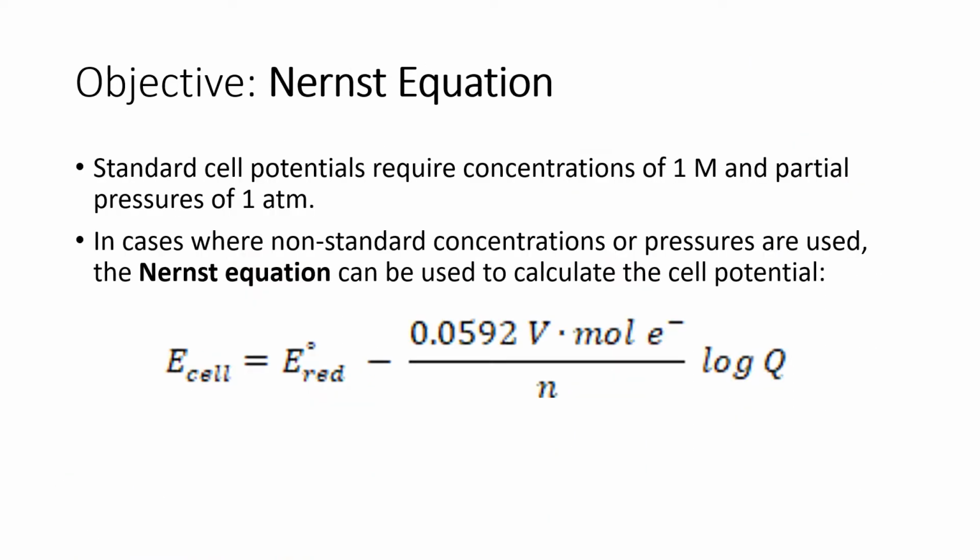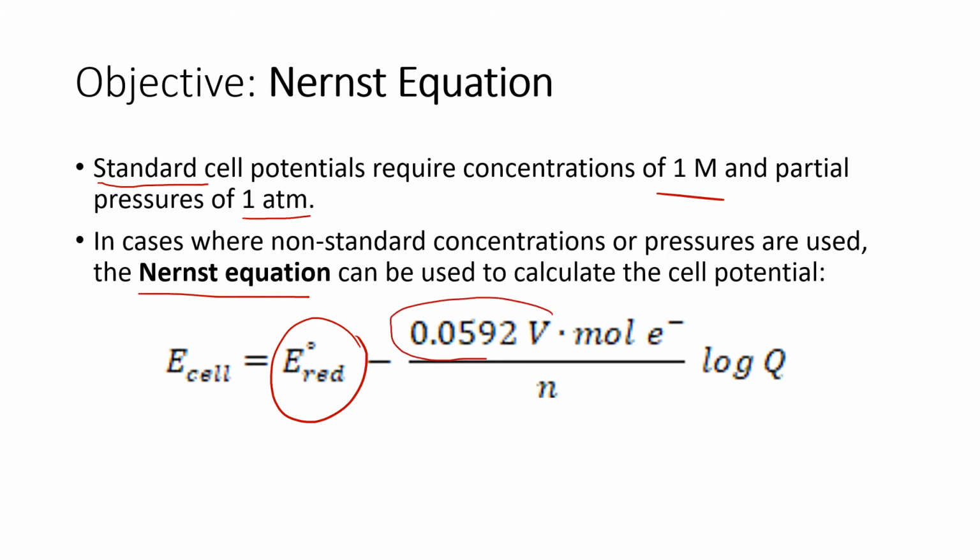And finally, we have the Nernst equation that we're going to be using. What we were just talking about was standard cell potential. At those standard conditions, they require 1 molar and partial pressures of 1 atm. But what about the cases where you don't have those concentrations or pressures? That's where you use the Nernst equation. And you can calculate it using your standard potential value.